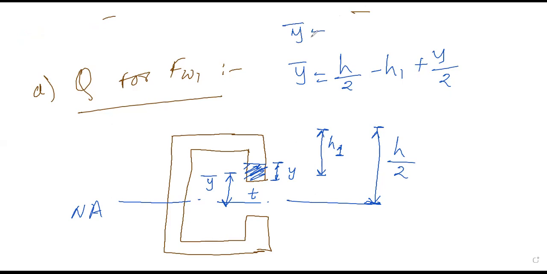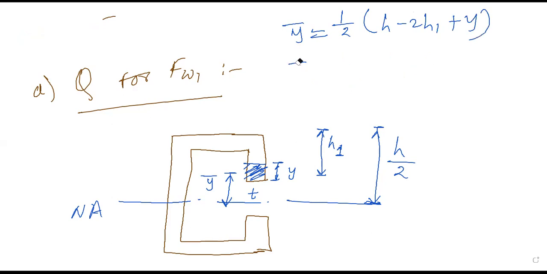So Y bar after simplification, you get 1 by 2 into (H minus 2H1 plus Y). Y bar is equal to half into (H minus 2H1 plus Y).